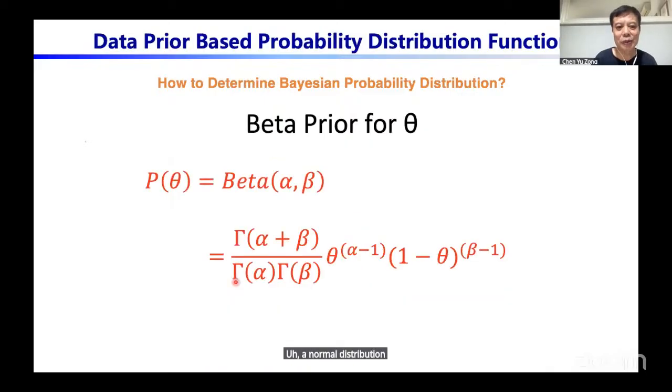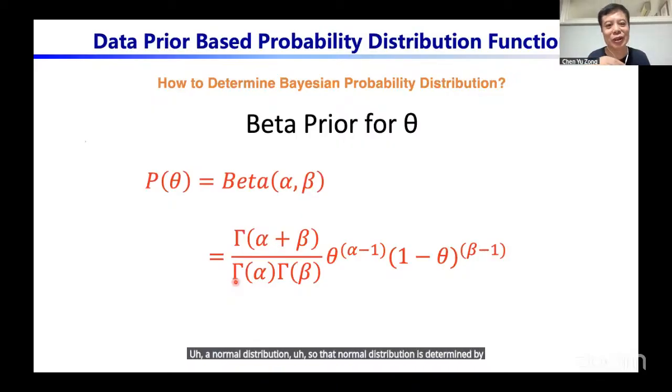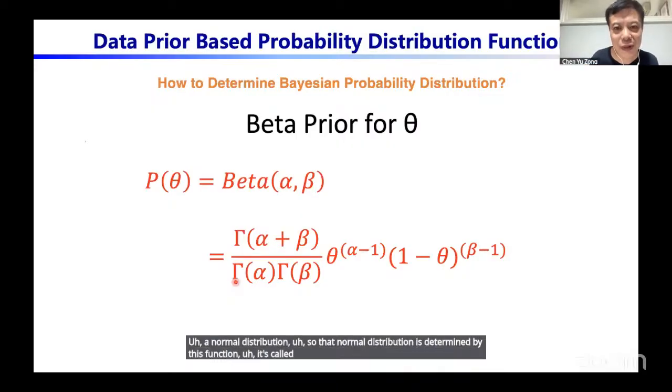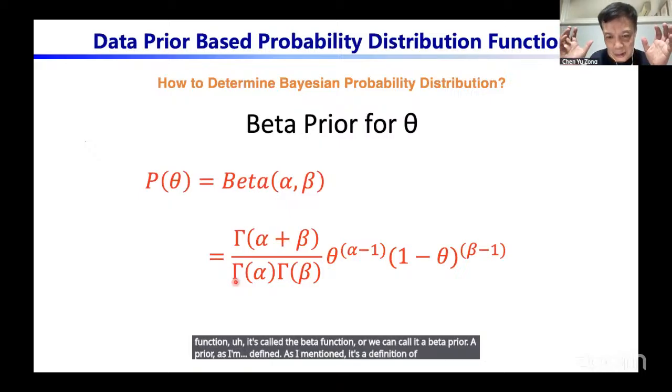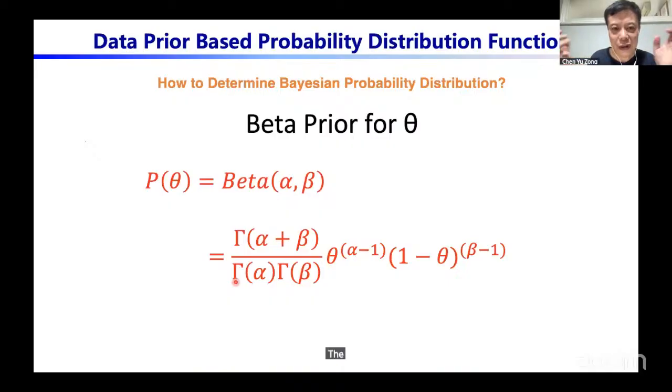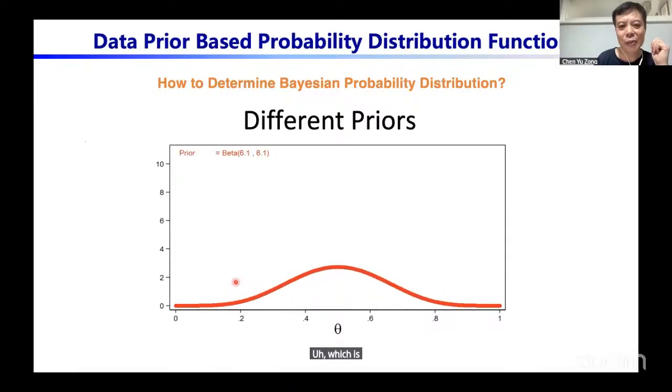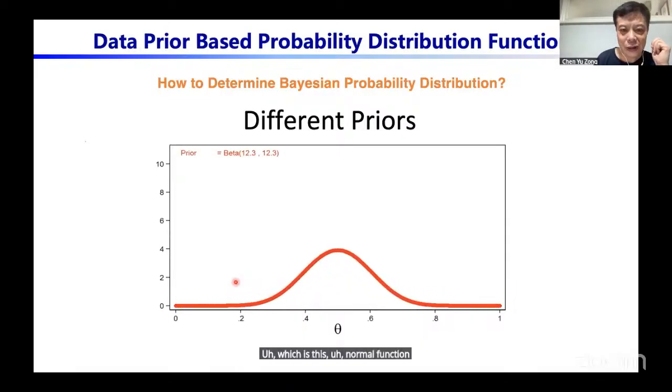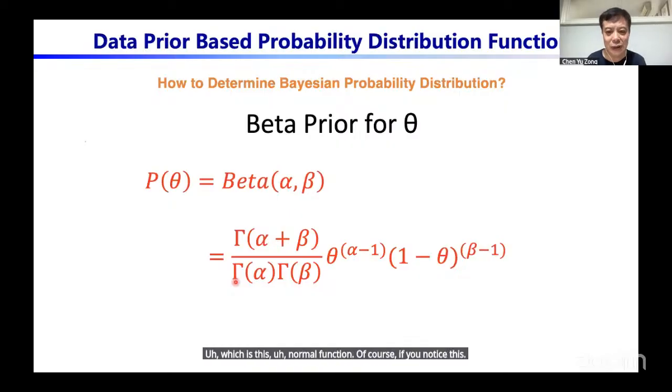So that normal distribution is determined by this function. It's called a beta function, or we can call it a beta prior. A prior, as I mentioned, is a definition of pre-knowledge, the distribution function or predefined function, which is this normal function. Of course, if you notice this, you do see some parameters like parameter theta and there are also other parameters.